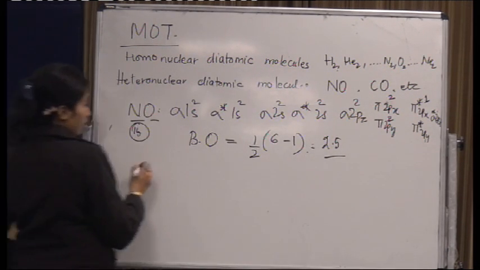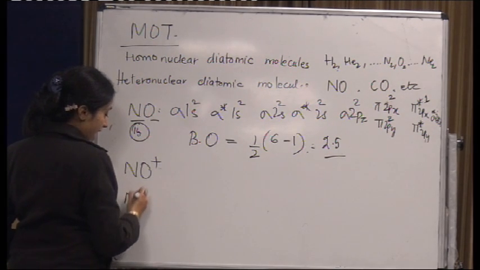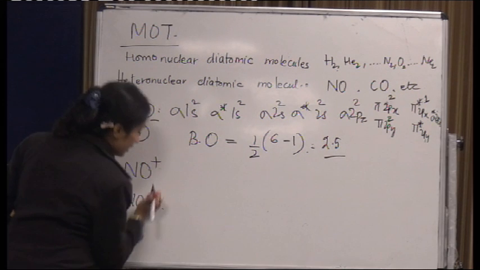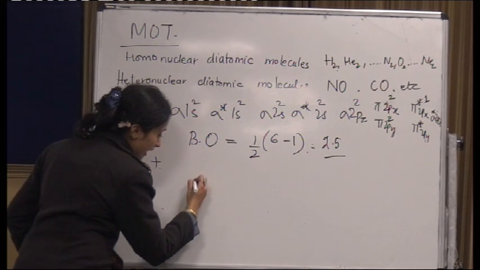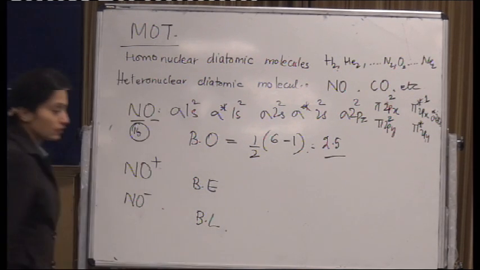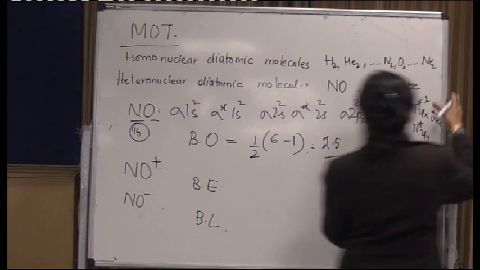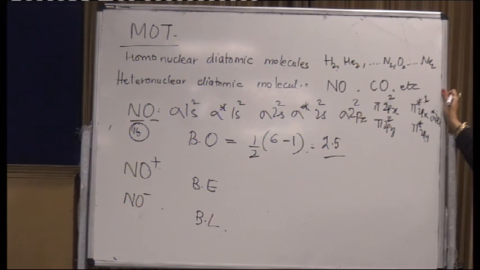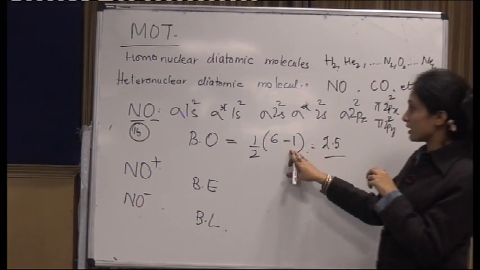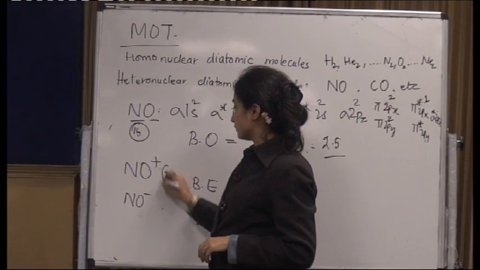Then what about the bond order of NO plus and NO minus? Please compare it. We'll compare the bond energies and the bond lengths after that. NO plus means that the electron will be given away from the anti-bonding molecular orbital. Anti-bonding orbital से गया, तो मतलब ये 1 गया, so that means it is 3.